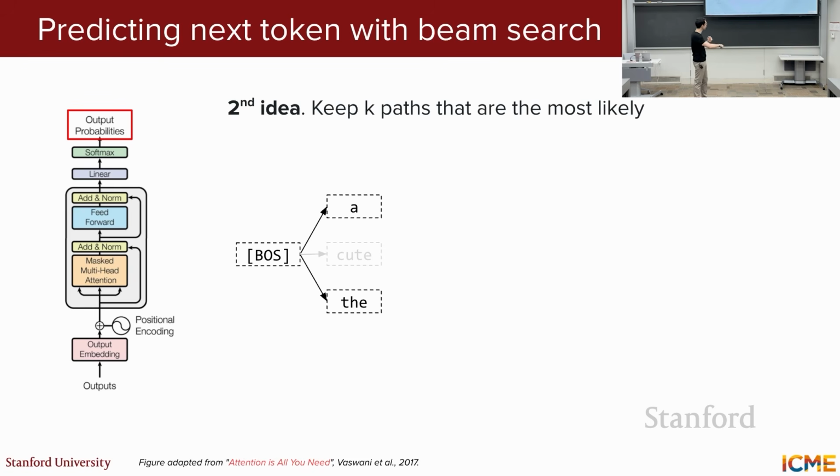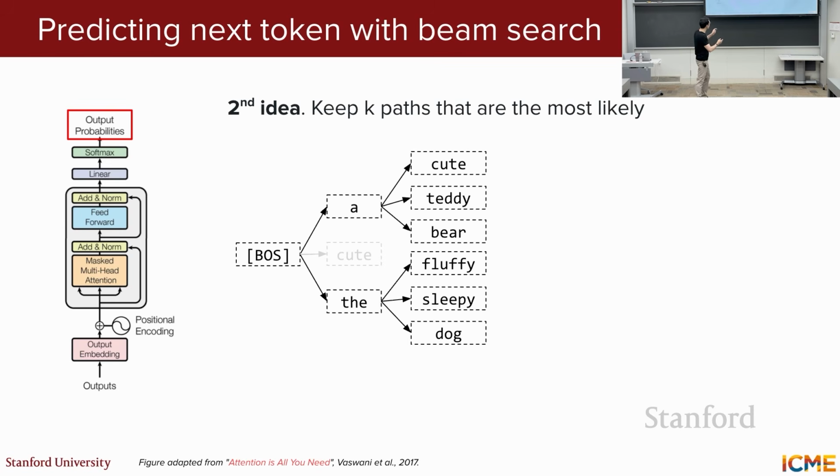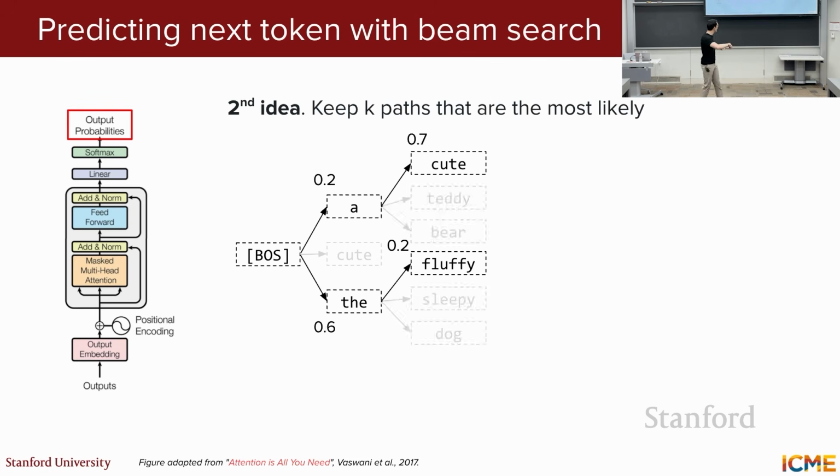That's the first iteration. In the second iteration, we look at all the probabilities of next token prediction for these 2 tokens, and we always save the 2 most probable paths. Here, for instance, let's suppose it's the and then fluffy, and then A and cute.